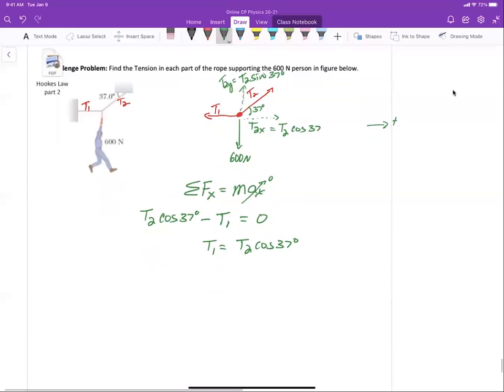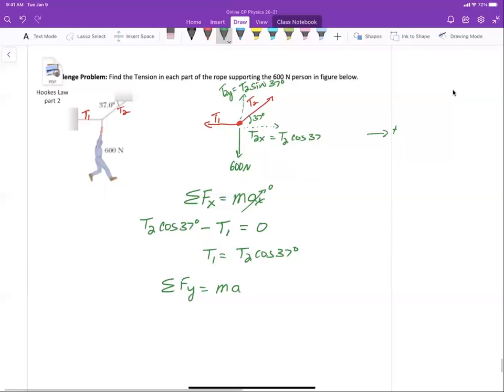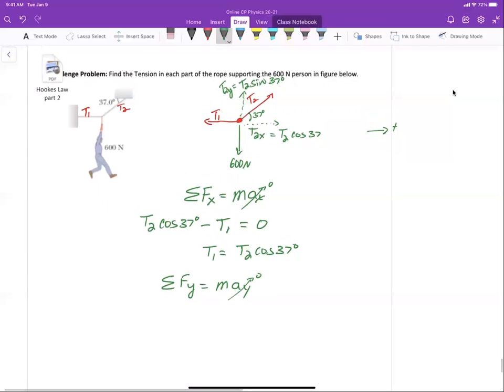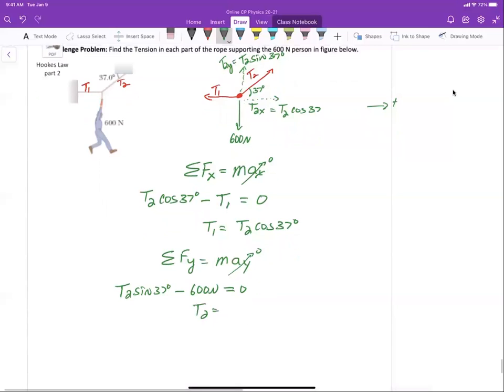All right, now let's sum the forces in the y direction. All of them have to equal the mass times the acceleration in the y direction. The y direction is not accelerating, so we now have the forces in the y direction all added up. We have two forces in the y direction. One's pointing up, so that's going to be T2 sine of 37 degrees. One's pointing down, which is 600 newtons, and that has to equal 0. So T2 equals 600 divided by sine of 37 degrees.